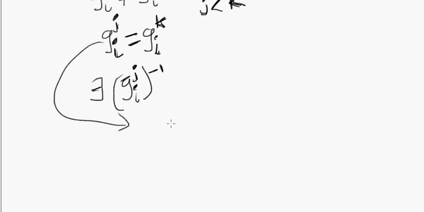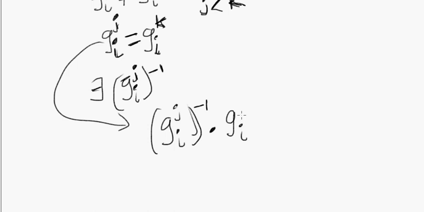What equation would we end up with? Would we end up with g sub i to the j inverse times g sub i to the j equals g sub i to the k?